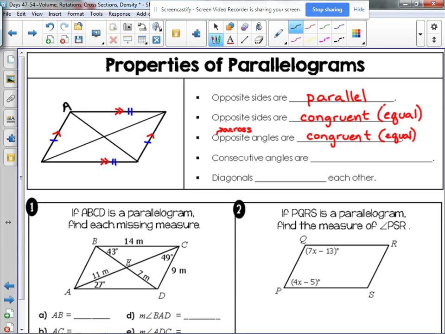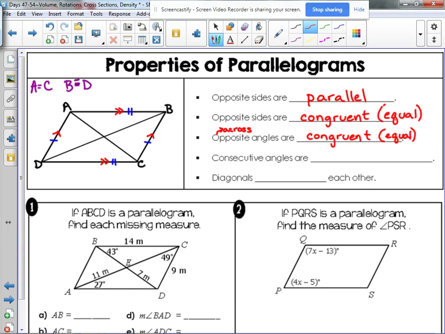Let's call this A, B, C, D. Okay, so opposite, the ones that are across from each other, A is equal to C. B is equal to D. That's an equals.